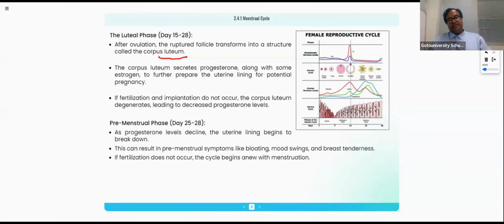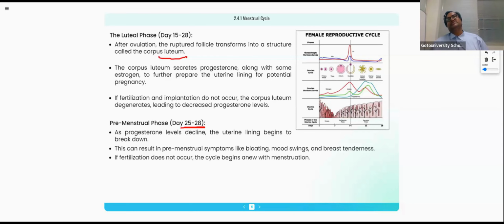So the premenstrual phase is the last segment of the menstruation cycle. Okay, it happens for about 3 days after the luteal phase, right? So the concerned male ejected the sperm, and if the sperm is reaching the egg in the female genital tract after copulation, if zygote is formed, then there is no chance for the premenstrual phase.